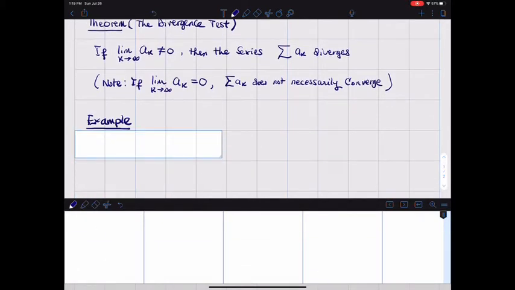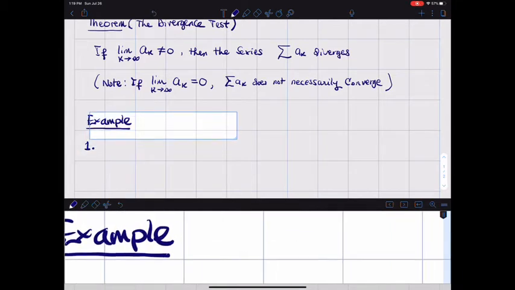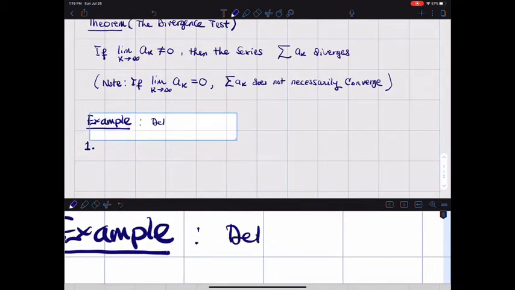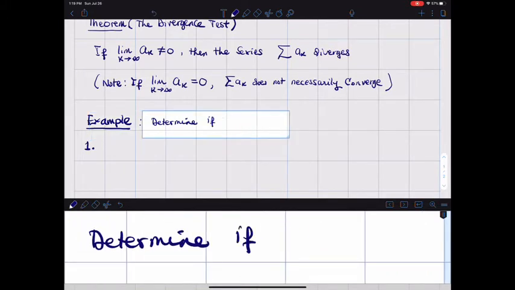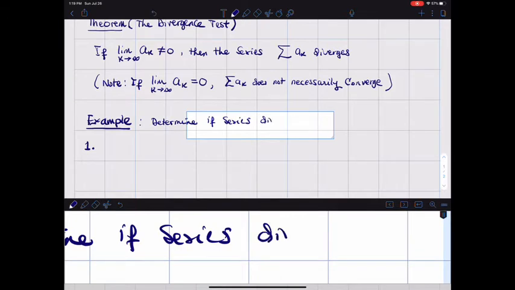All right, so the first example, what we want to determine is if the series diverges.